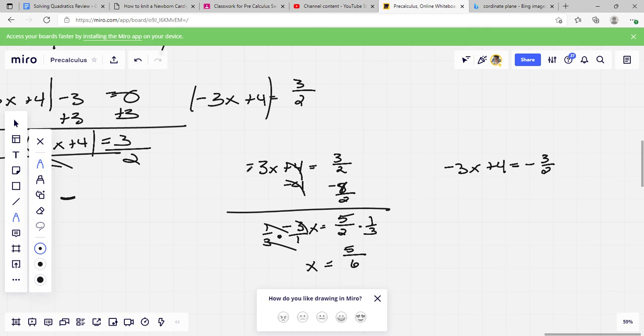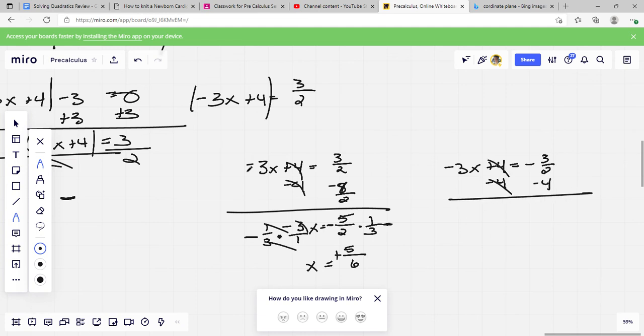And that would be, let's see, that was positive, negative, negative, it's negative 5 over 6. I think, let's see, nope, it'd be positive because this turned negative, and then negative times the negative makes a positive. All right, now this one, minus 4, minus 4.